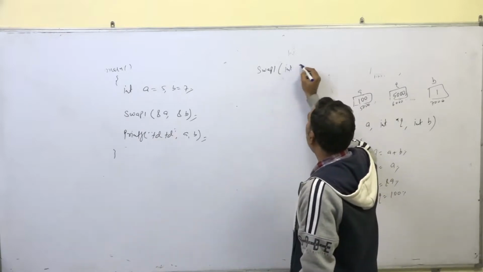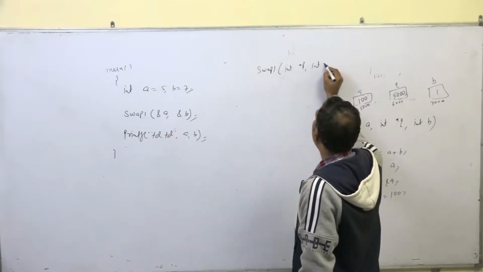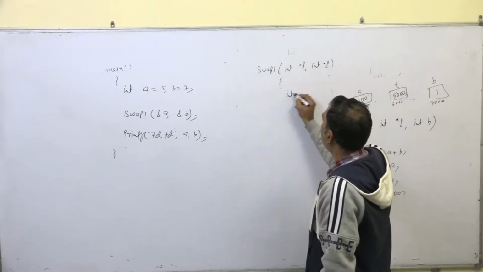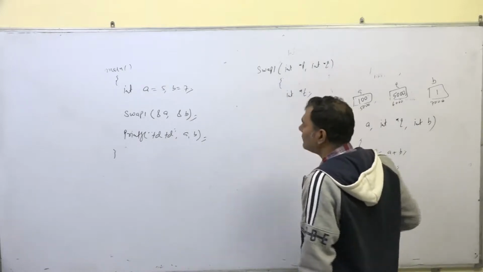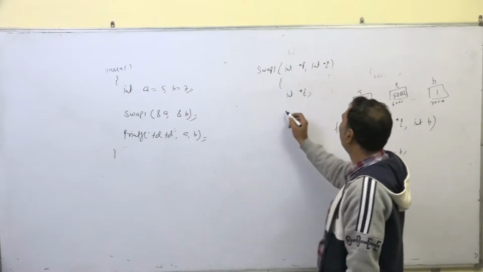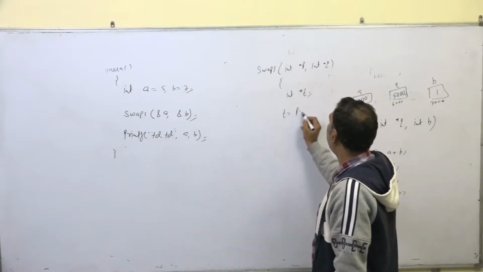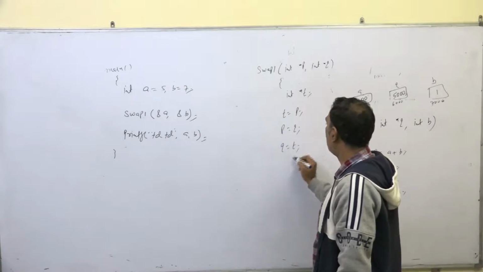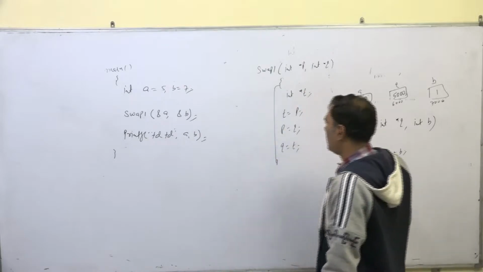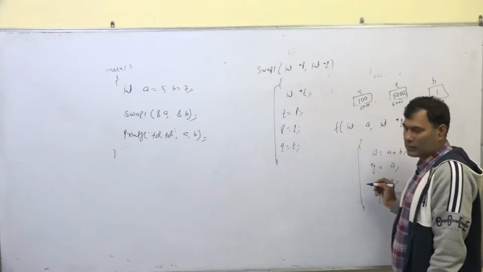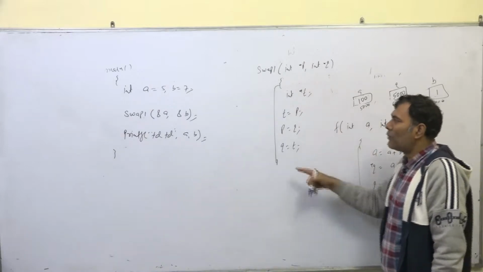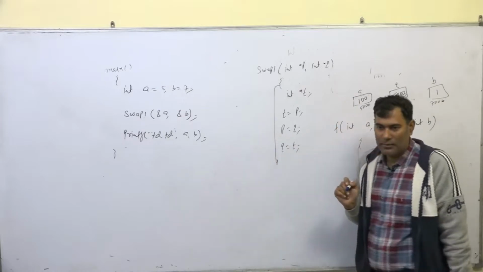Integer pointer P, integer pointer Q. Let we have integer pointer T. T equal to P, T equal to Q, Q equal to T, and let it close. Got it? So tell me, after this one, what can it print?